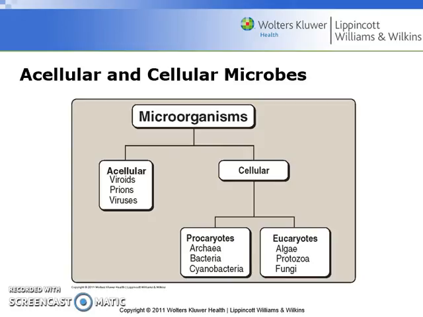For the eukaryotic organisms, we have some that can be considered microscopic, such as algae, which is essentially a photosynthetic, plant-like organism. We have protists, which can be either plant-like or animal-like in nature.